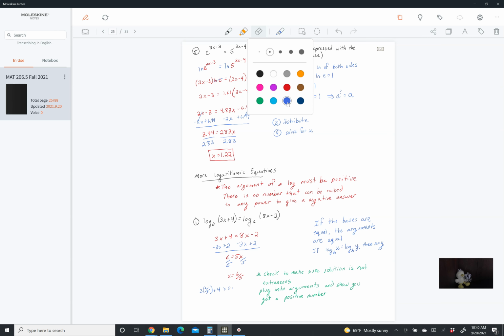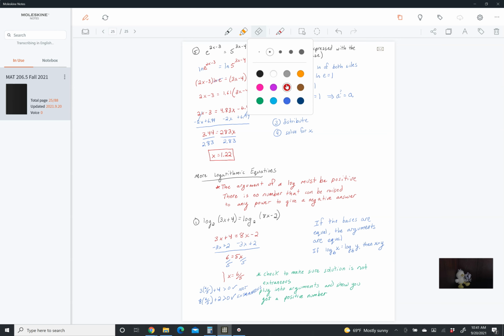All we have to know is that it's greater than 0, which it is. And then 8 times 6 over 5 minus 2 is also greater than 0. So it's not extraneous. Okay, it's not an extraneous solution. I know that this is greater than 0 because everything here is positive and we're just multiplying and adding. So we can box this as our final answer.